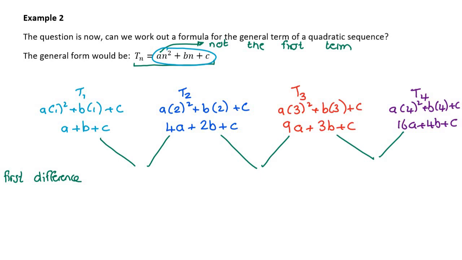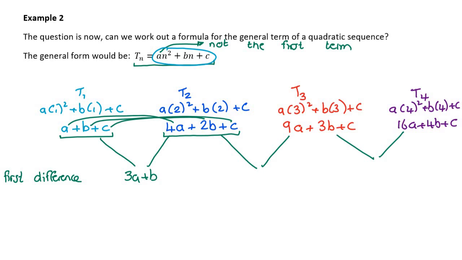I've got 4a + 2b + c, and I'm subtracting a + b + c. So 4a take away a is 3a, 2b take away b is b, and c take away c gives nothing.